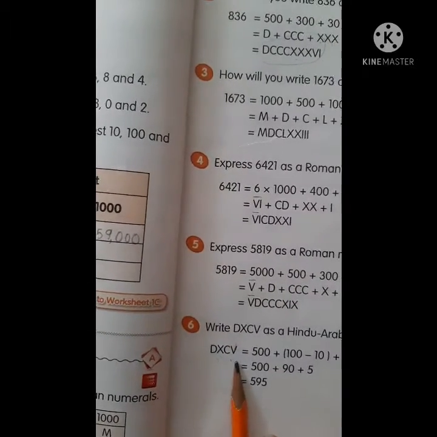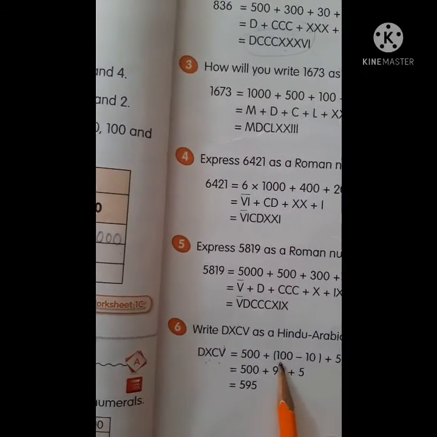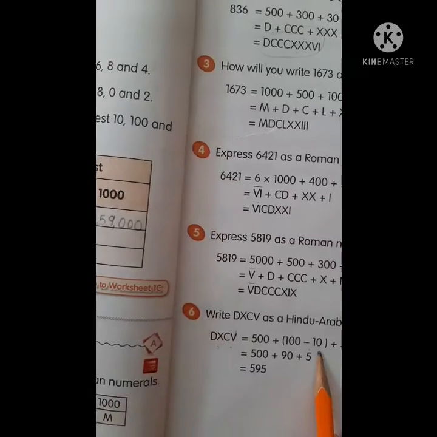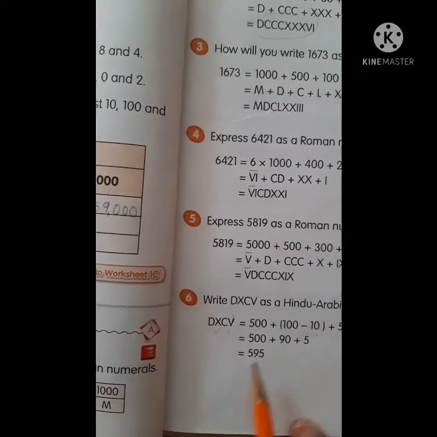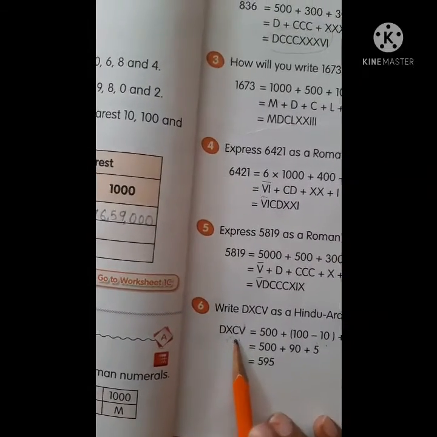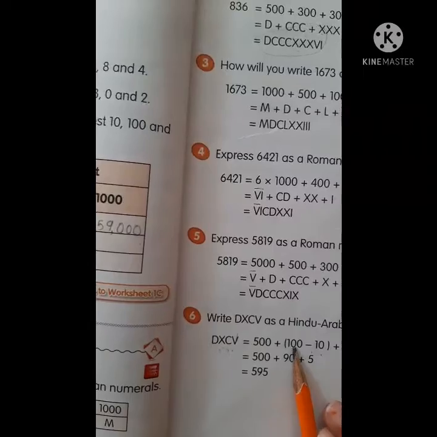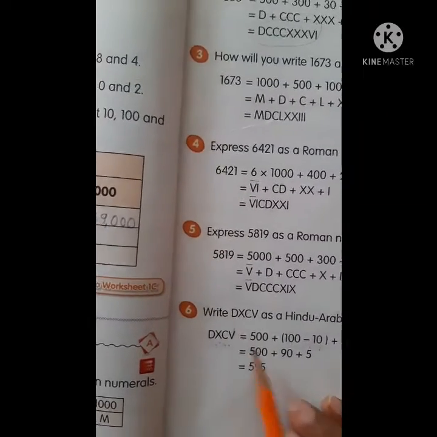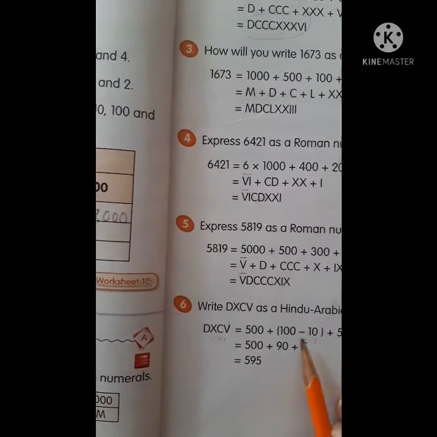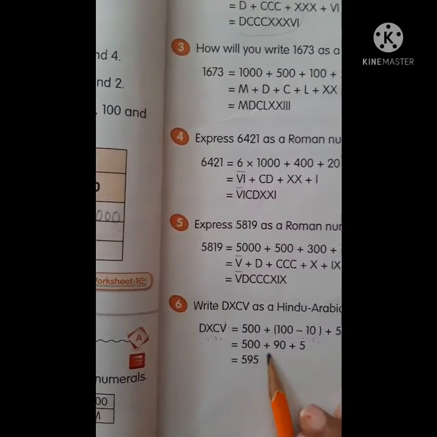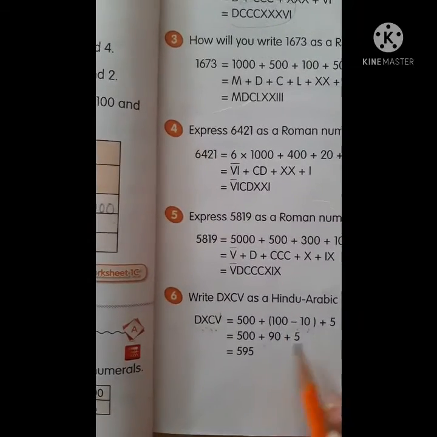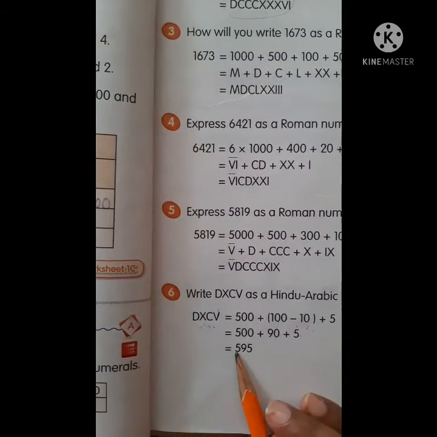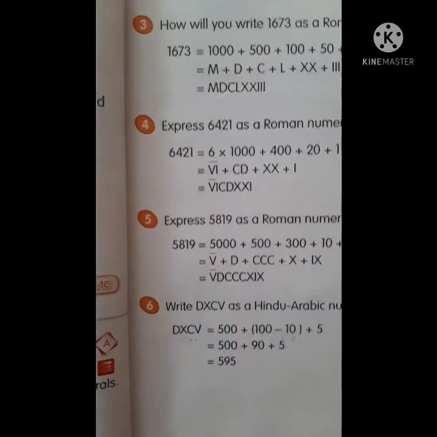So 100 minus 10. Why did we do minus 10? Because here X is before C, which is the larger one, so it will be 100 minus 10, plus V, so plus 5. So 500 plus 100 minus 10 is 590, plus 5. So it will be 595. Understood?